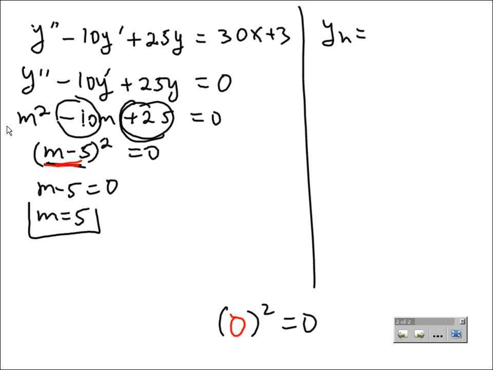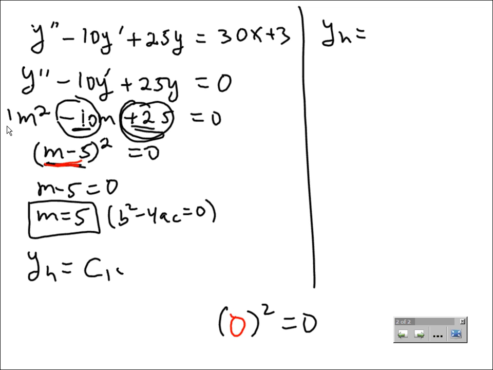When you have a double root, b squared minus 4ac, where a is 1, b is negative 10 and c is 25, is 0. So the homogeneous solution is going to be c1 e to the mx plus c2 times x e to the mx.